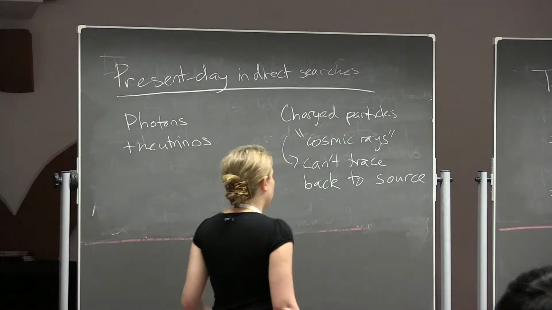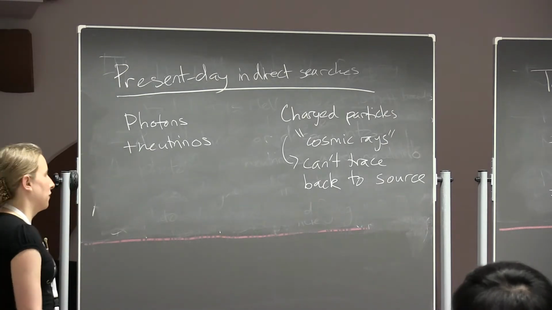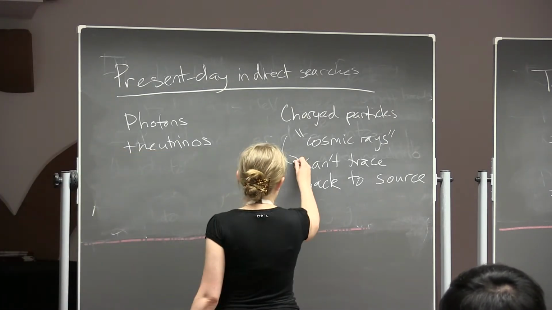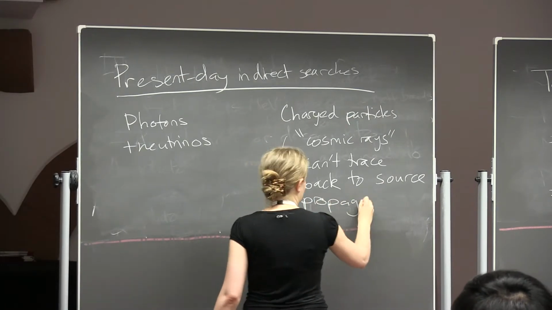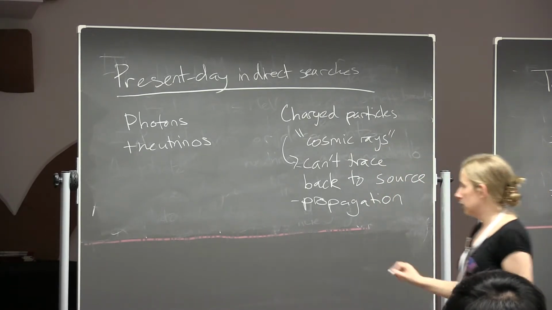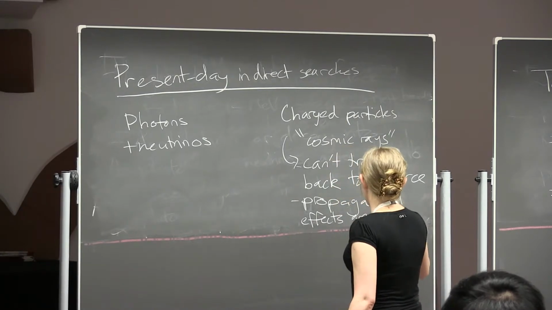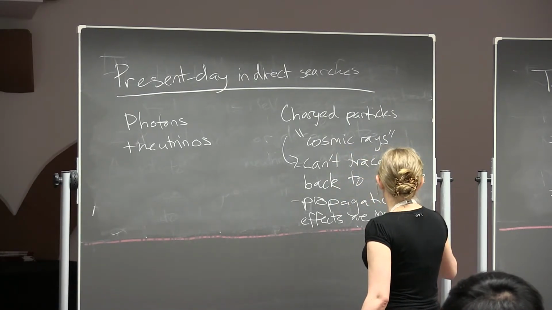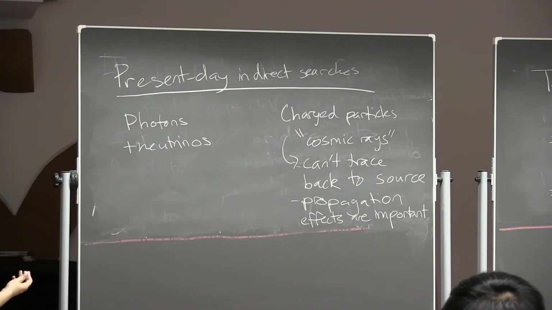So for charged particles, what you can do is you can look to see if there's a signal, and you can measure the spectrum of the signal. And you need to take into account the propagation effects, what happens to these particles between when they are first produced by dark matter annihilation and when they reach our telescopes.